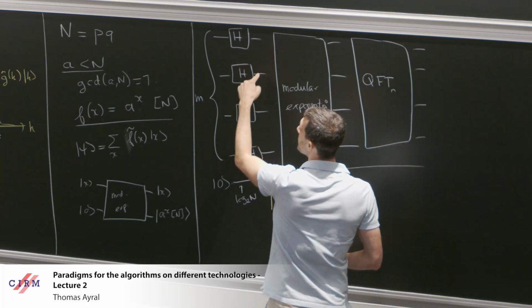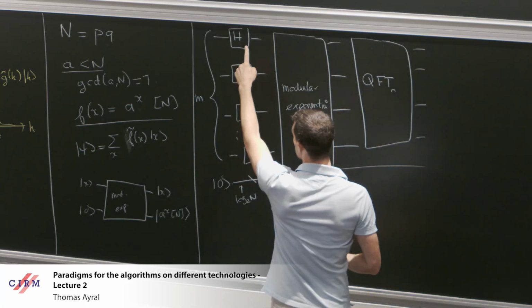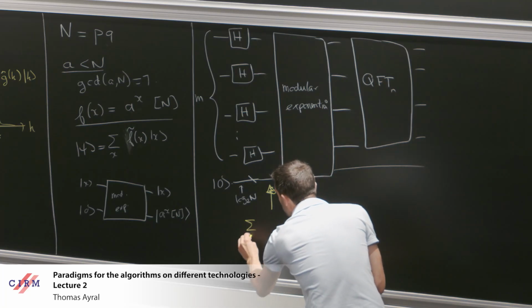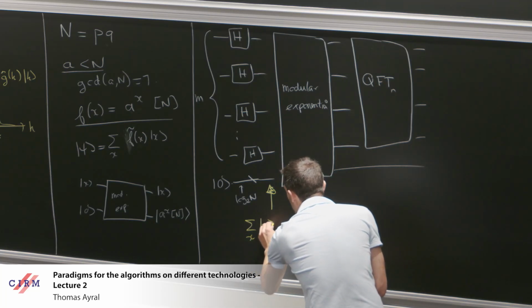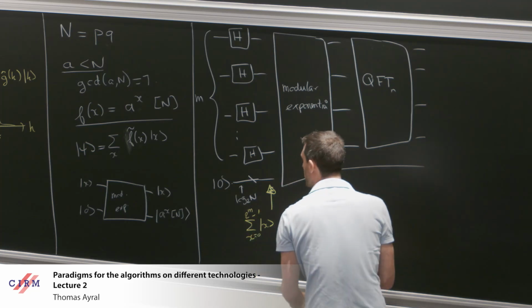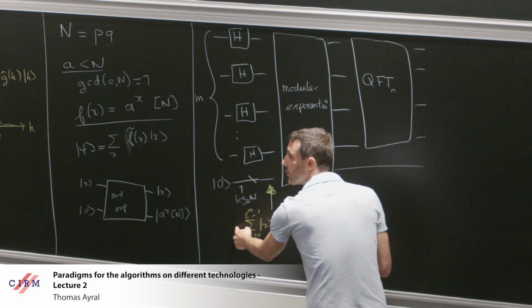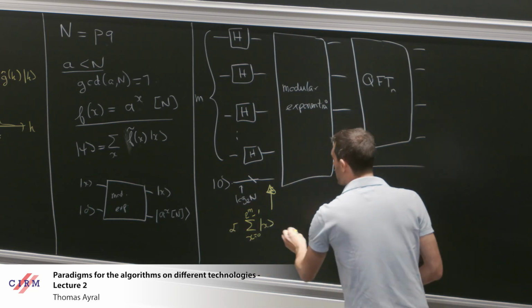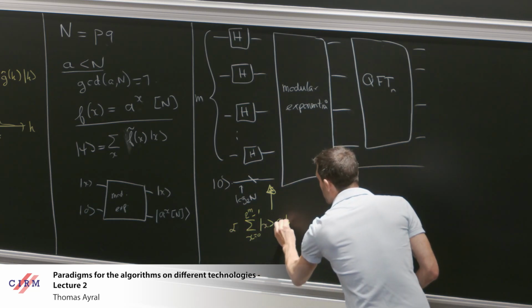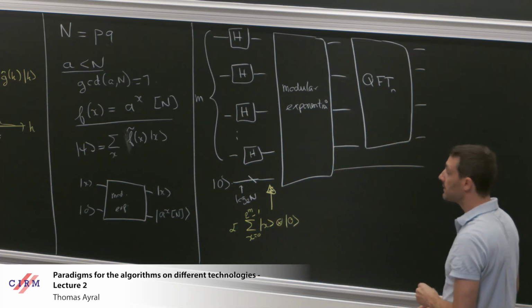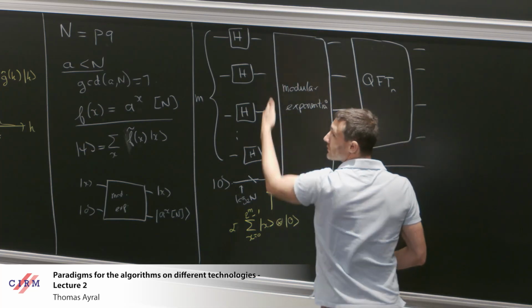So if we do it for each of the qubits in this wall of Hadamard gates, we end up with a state which is going to be sum over x from 0 to 2 to the m minus 1. And here I'm going to forget all the 1 over square root 2 factors here. So it's proportional to, okay, x tensor 0. Okay, so that's the state I get after this wall of Hadamard gates.